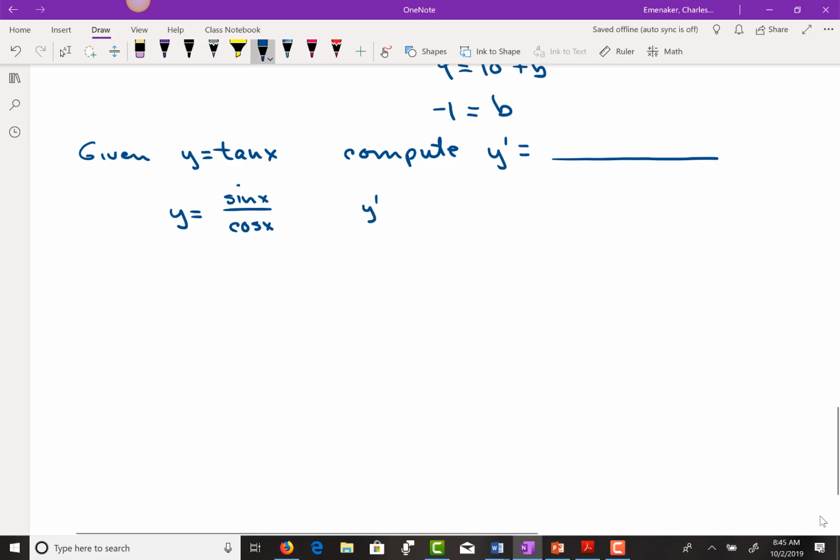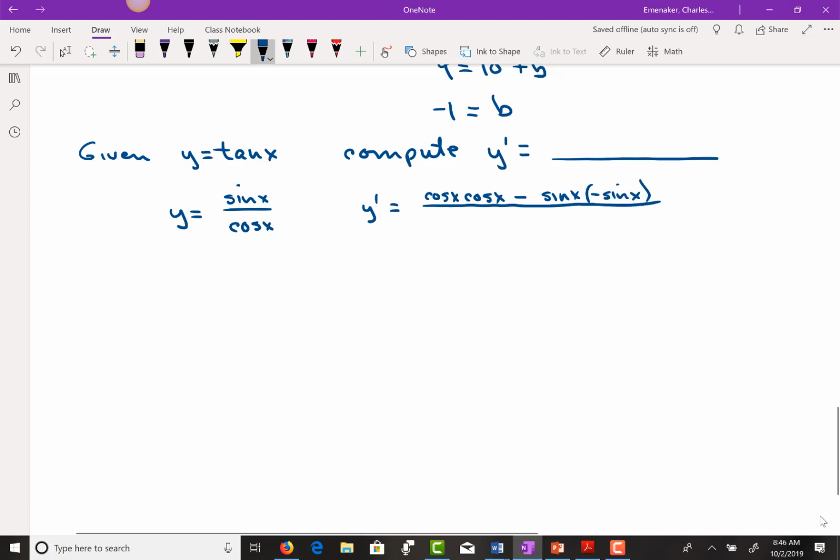Quotient rule, huh? Hi d-lo minus lo d-hi. Well, the derivative of sine is cosine. The denominator is cosine, minus high times the derivative of the denominator. The derivative of cosine, be careful, is negative sine.